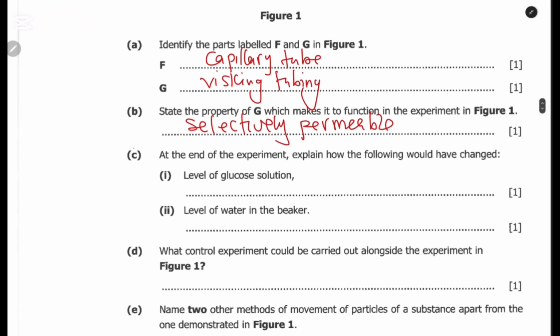Then for question C: at the end of the experiment, explain how the following would have changed. 1, the level of glucose solution. So here, the answer is the level of glucose solution would rise.